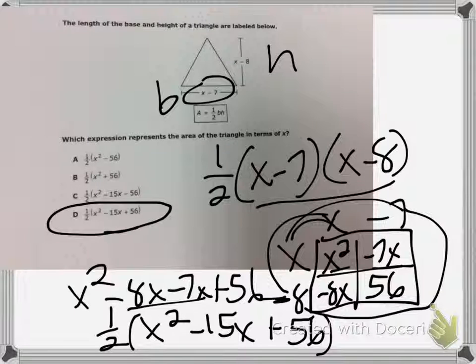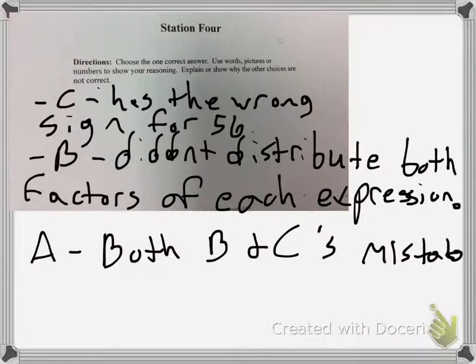It has the wrong sign on 56. If you look at C right there, it has a negative 56. That's supposed to be a positive 56. So they did the integer rules wrong. B, they didn't distribute both factors of each expression.